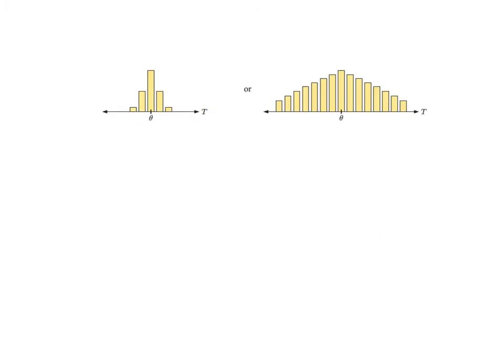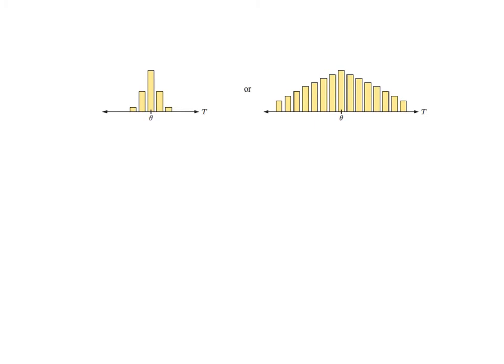Let's assume we have two estimators, T1 and T2, and the sampling distribution of T1 is that one, and the sampling distribution of T2 is the one on the right. We see that the spread of the distribution of estimates could be small or could be large.